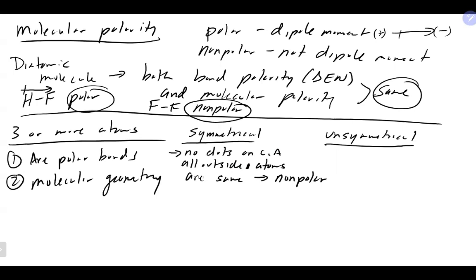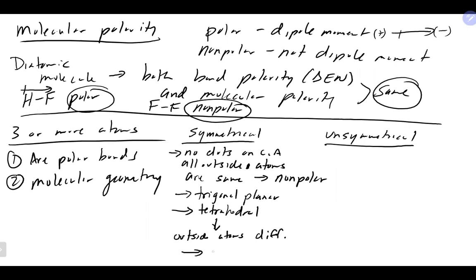So the geometry for us here would be trigonal planar or tetrahedral. And this is, again, the molecular geometry we're talking about here. If you have either of these geometries and the outside atoms are different, most likely it can then become a polar molecule. So remember, if you change one of the atoms on the outside to something different, it goes from being nonpolar to polar. But if they are all the same, then it will be nonpolar.